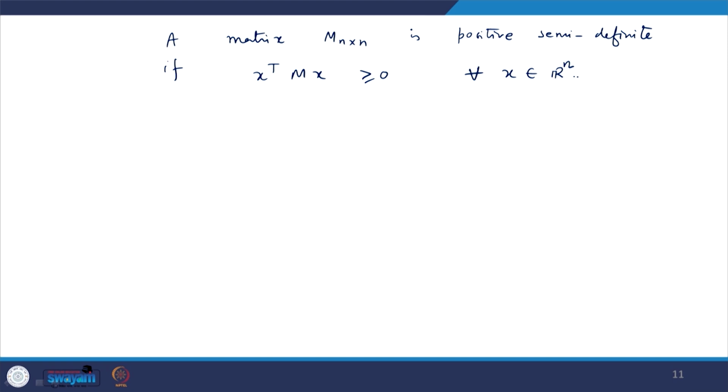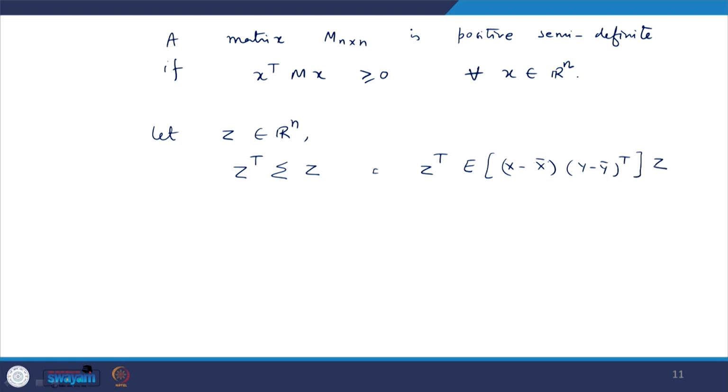Now, we want to show that this sigma matrix, the covariance matrix, is positive semi definite. So, let us take a vector z, let z belong to Rn, and take z transpose sigma z. We want to show that this is greater than or equal to 0 for every z. This is z transpose times the expectation of (x minus expectation of x, or we can call it x bar) into (x minus x bar) transpose into z.